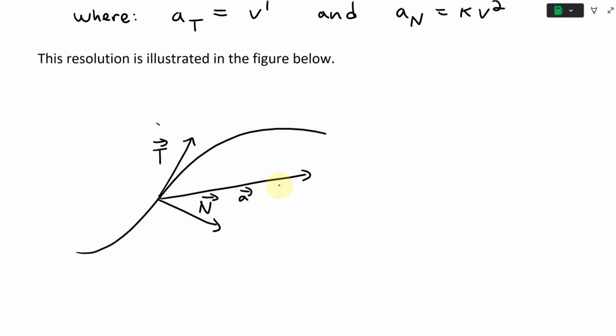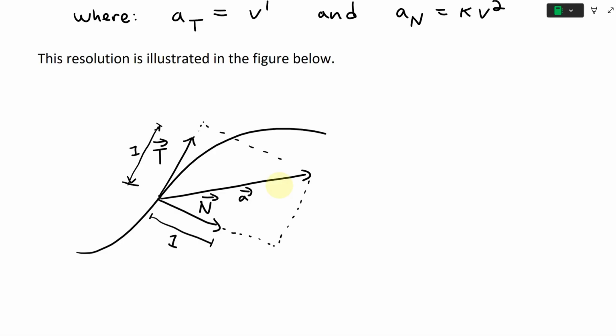So this right here is length 1. It's a unit tangent vector. This is a unit normal vector. This is going to be length 1, so these are all length 1. Now this is the acceleration vector, but if you draw its components, they're going to be relative to the normal and the tangent. This is why it's pretty useful.